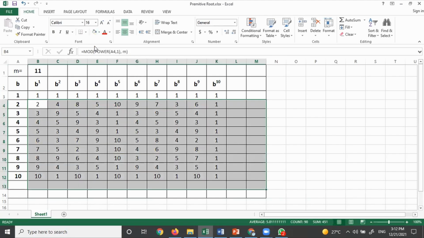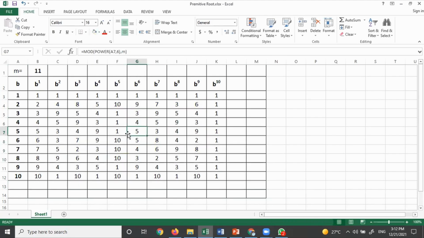Can you please tell me now which are the primitive roots of 11? So 2, 6 and 7, again the same thing. 11 and 13 are prime numbers, right?